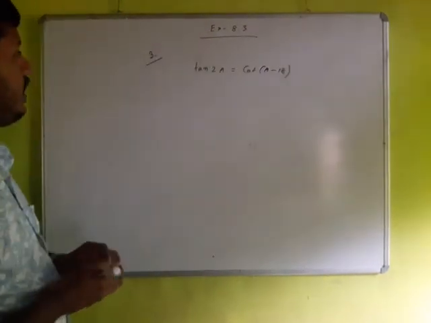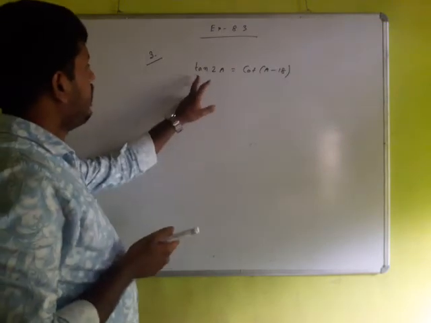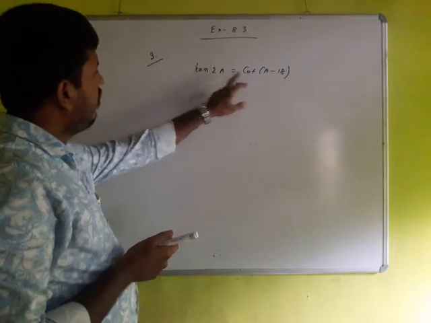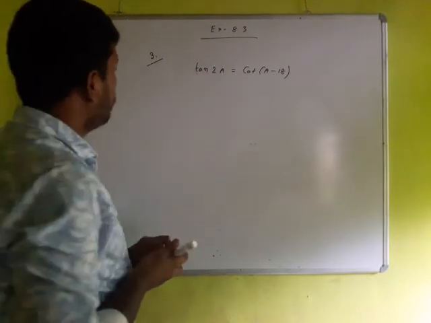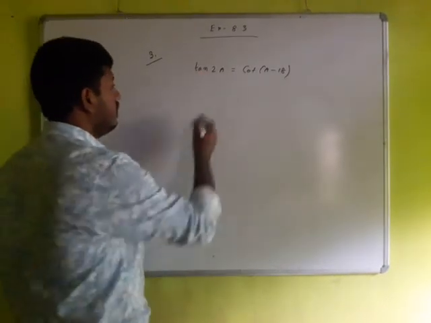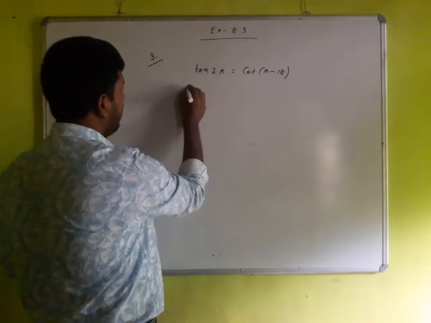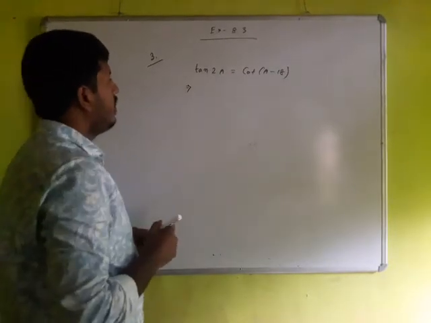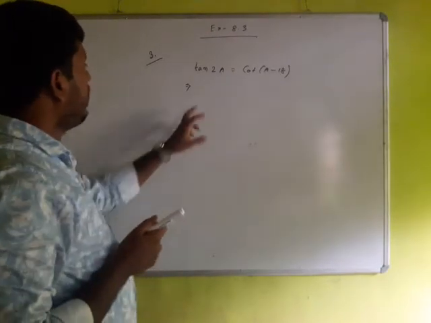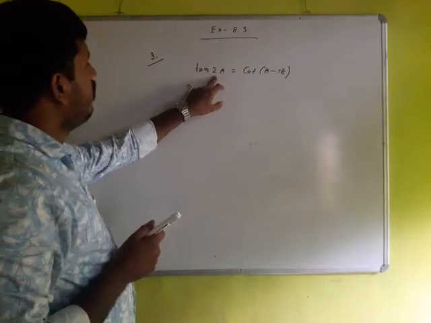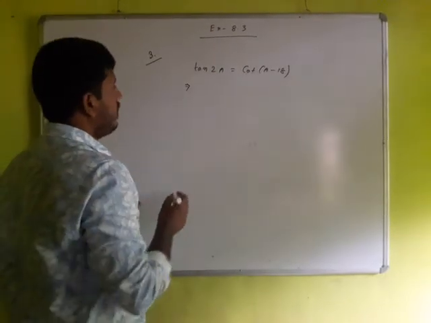So our first target will be to make the ratios the same, that is, here will be cot, here will also be cot. So for tan 2a, we take the complementary angle of 2a, which can be found by subtracting it from 90. So the complementary angle of 2a will be 90 minus 2a.